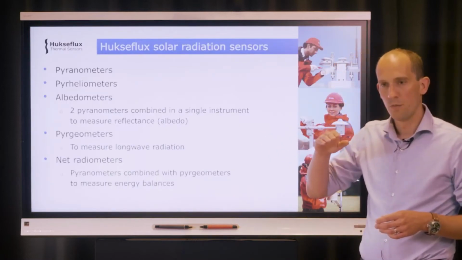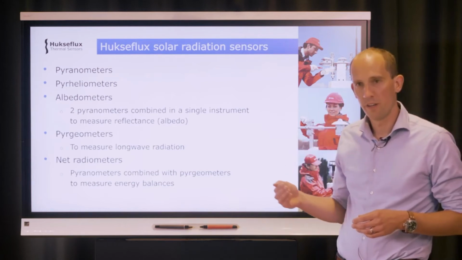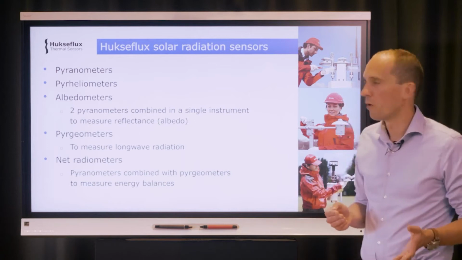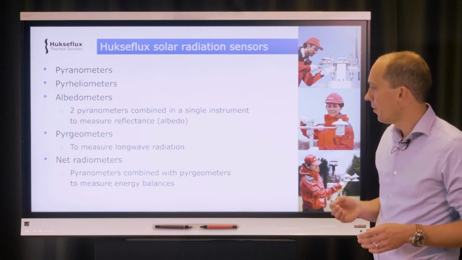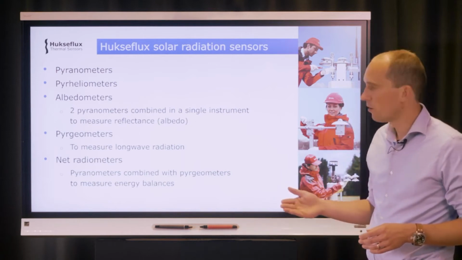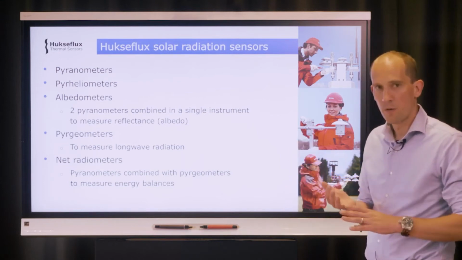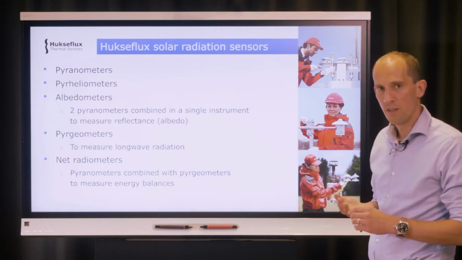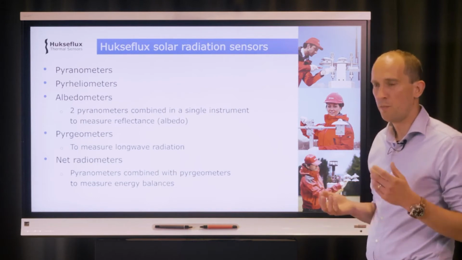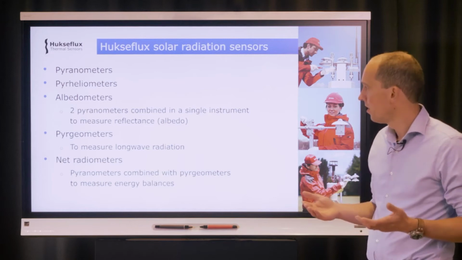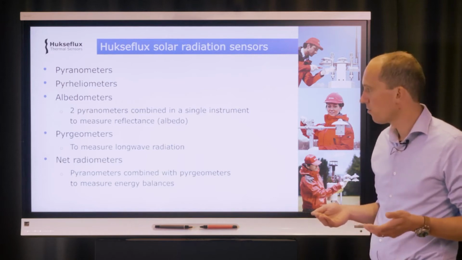So when you have to choose a solar radiation sensor, you have to pick the instrument that matches the quantity you want to measure. Now, if you look at our portfolio, we have several different product lines: pyranometers, pyrheliometers. You can also find albedometers, which are simply 2 pyranometers combined in a single instrument to measure reflectance.